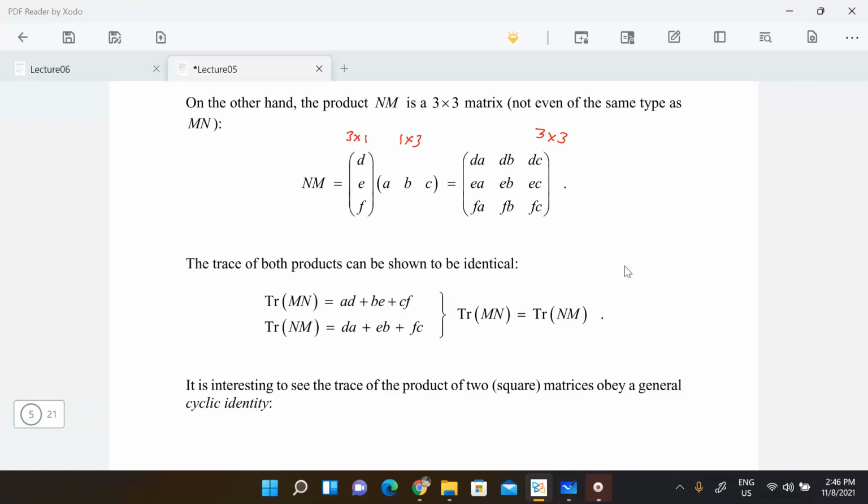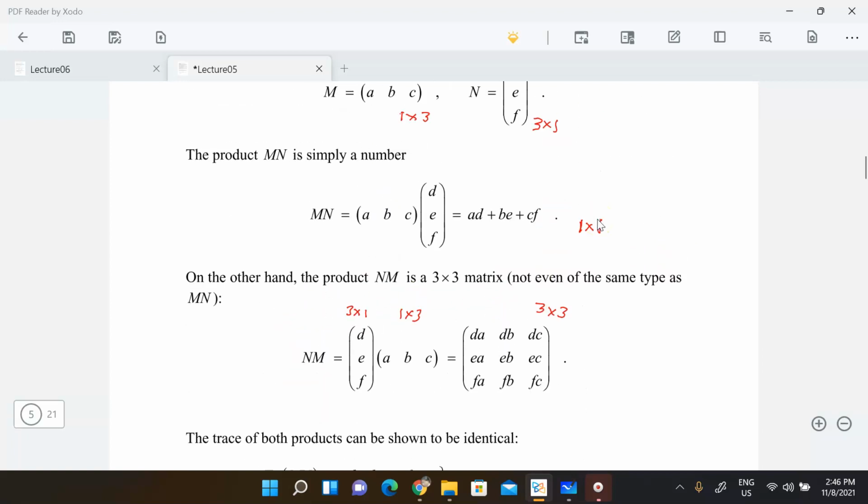So here, if I were to take the matrix that we defined above, the trace of MN is just a 1 by 1 matrix, and that is the only diagonal element. It's just one single element, so it is already a diagonal element, and it equals AD plus BE plus CF.